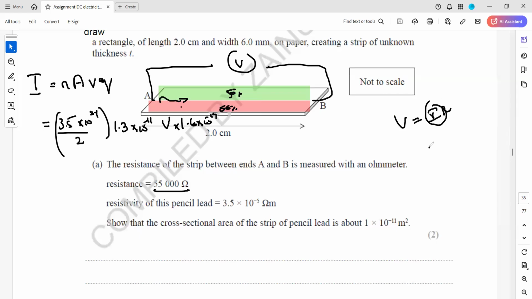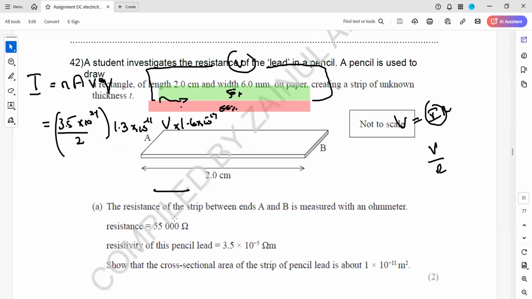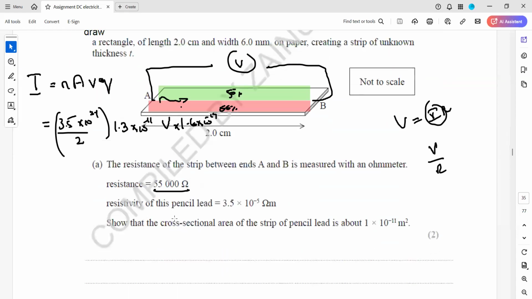The current will be the ratio between voltage and resistance. The voltage that is applied across this strip, 6 volts was applied. So we just put 6 here. And what about the resistance? The resistance was 55,000.